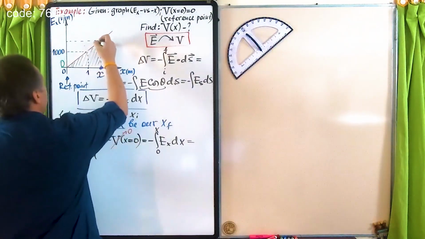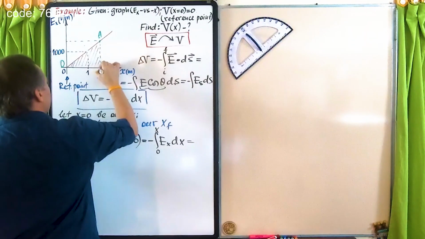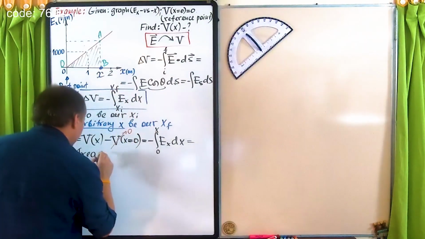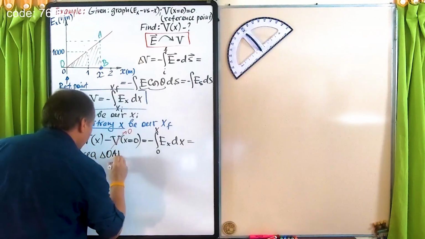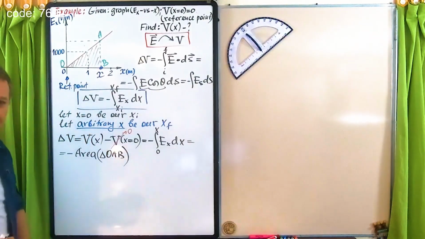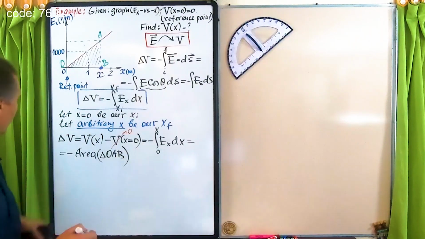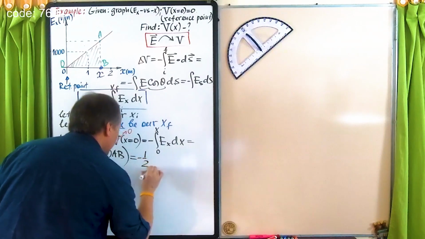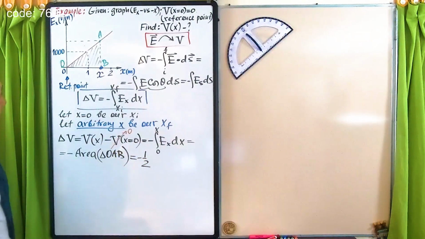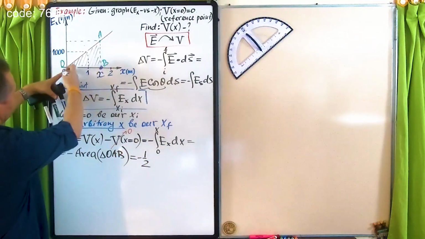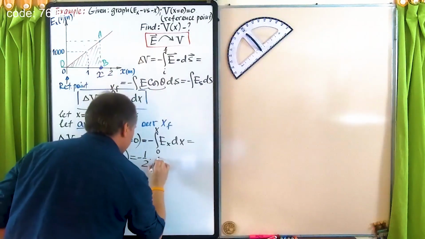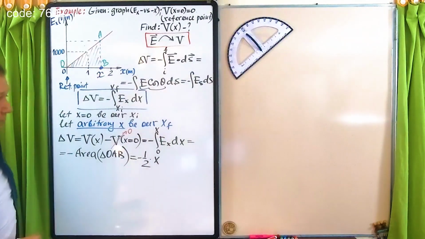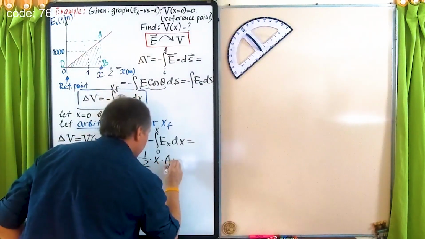So now I can label: OAB. A, and this point, let me call it B. So the area of the triangle OAB. Of course, it's minus 1/2 since it's a triangle, times the base, this distance OB, which is just x, and now we need to find the height AB.